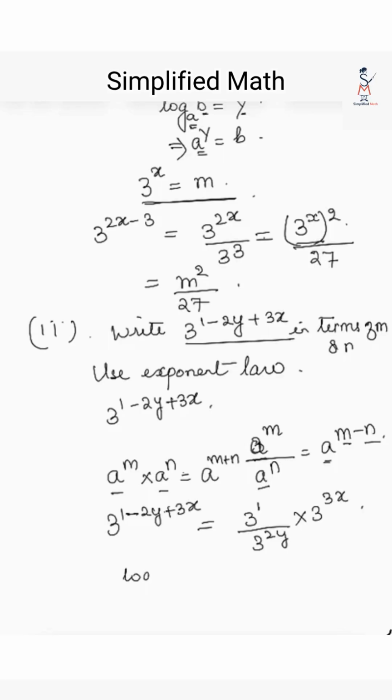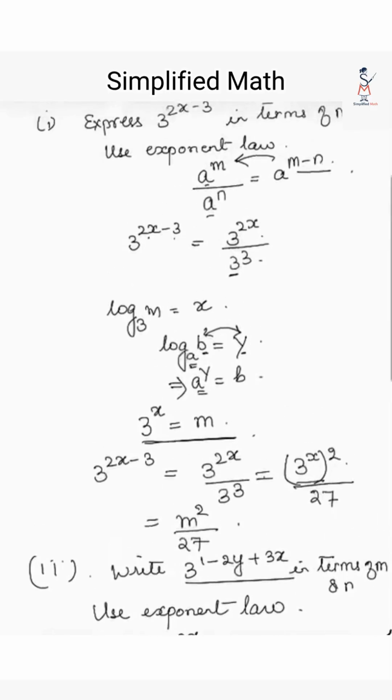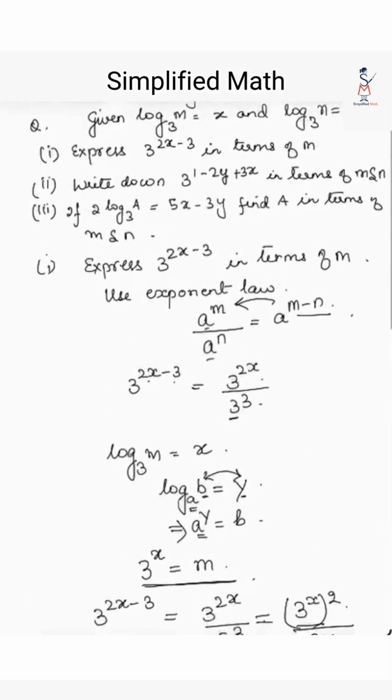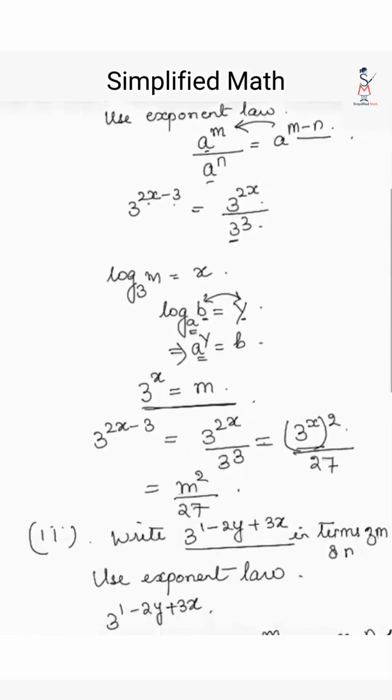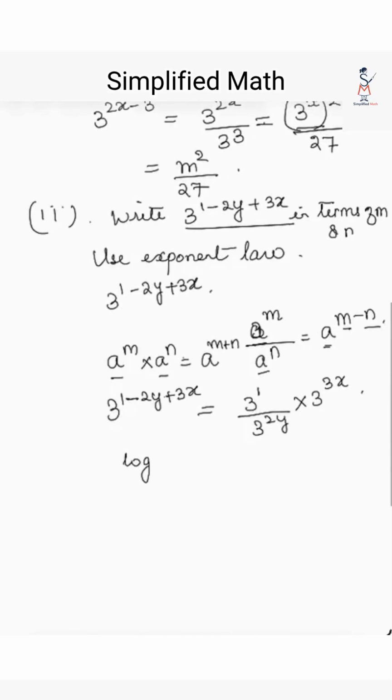Log of m to the base 3 is x. And log of n to the base 3 is y. Right? Now putting this in exponential form.